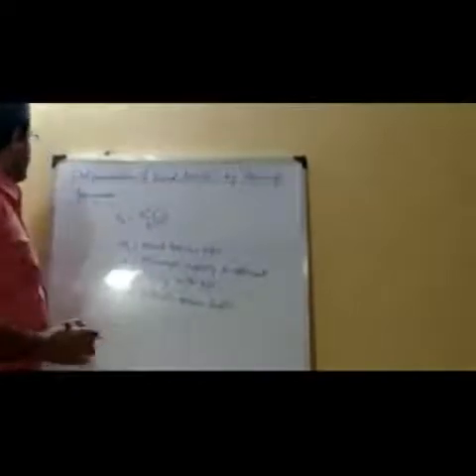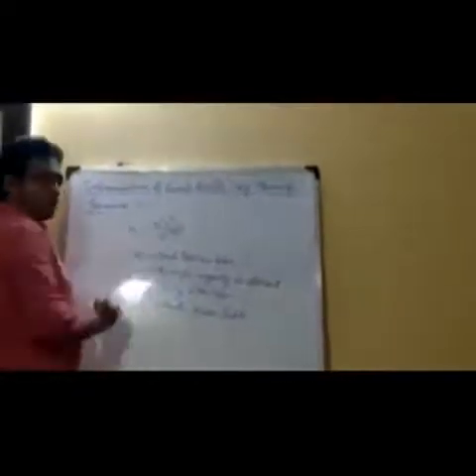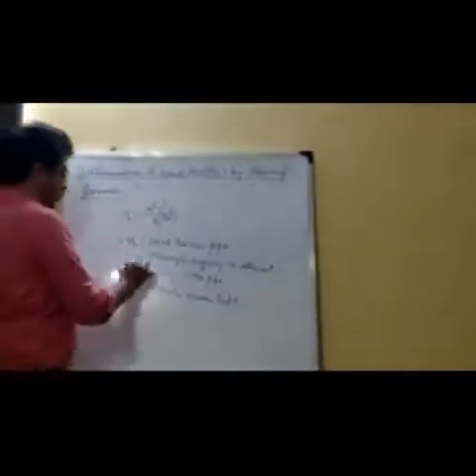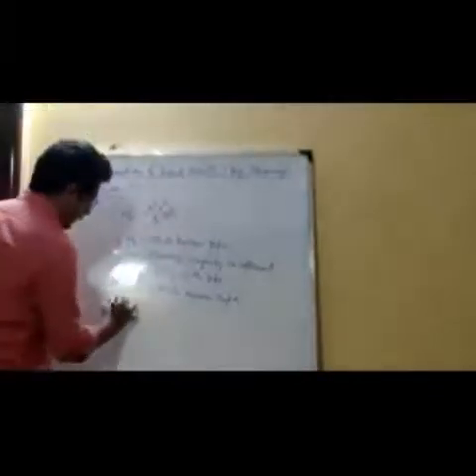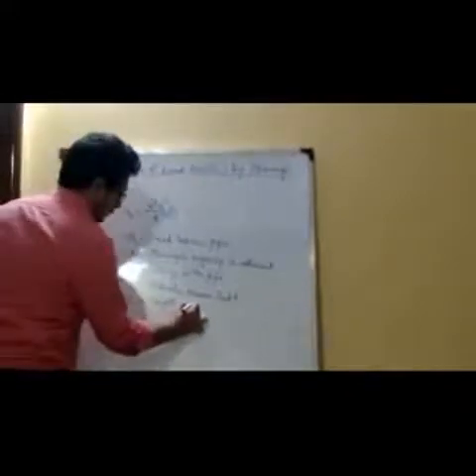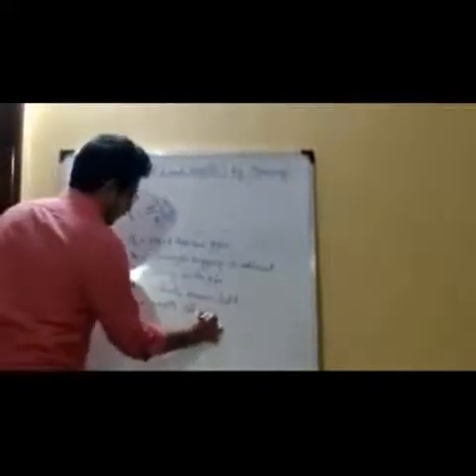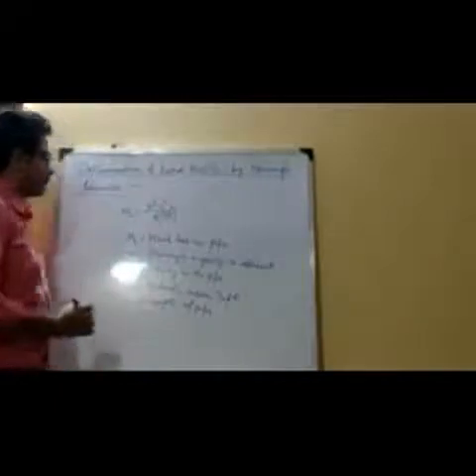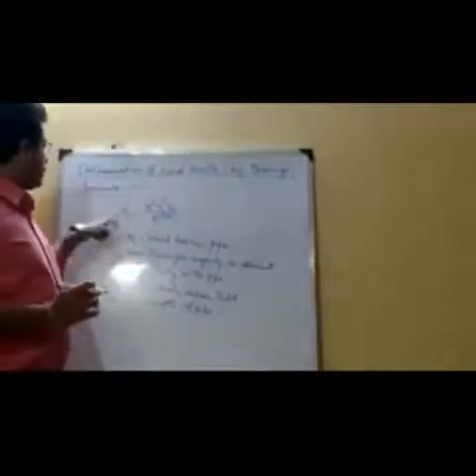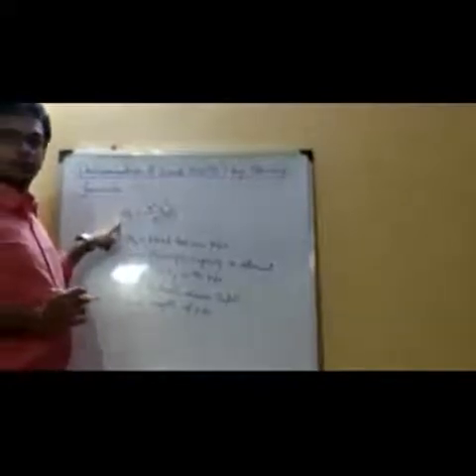So this is HL, head loss. This is M, that is Manning's coefficient. V is the velocity in the pipe. R is the hydraulic mean depth, and L is the length of the pipe. So when all the data are known, we can calculate HL.